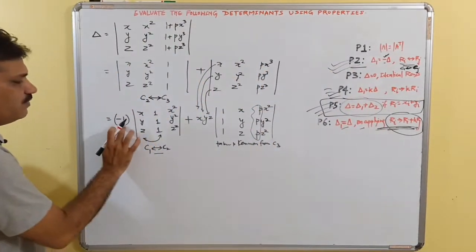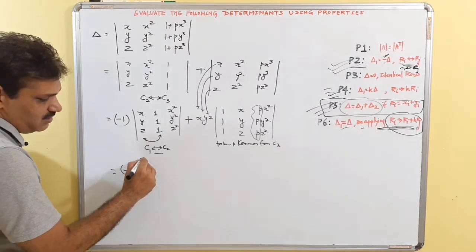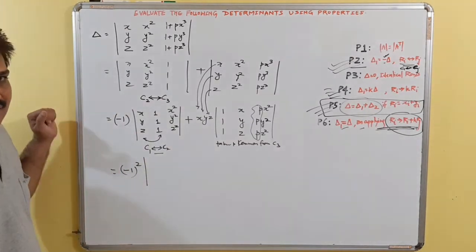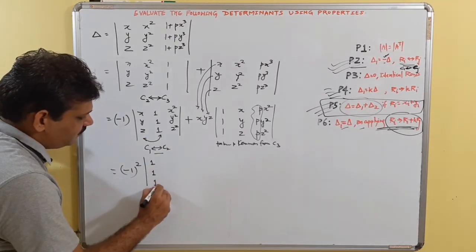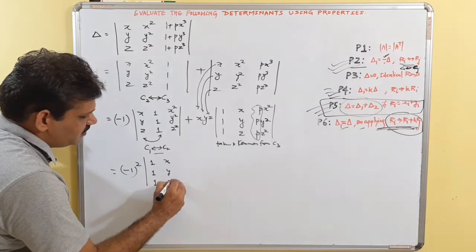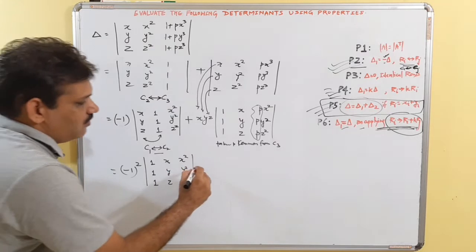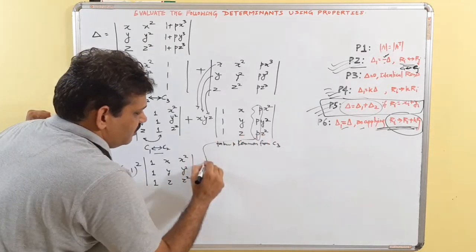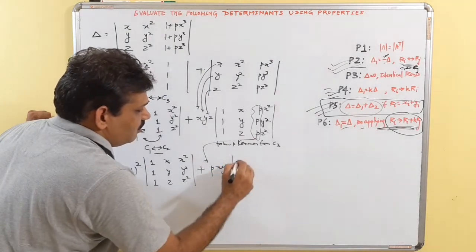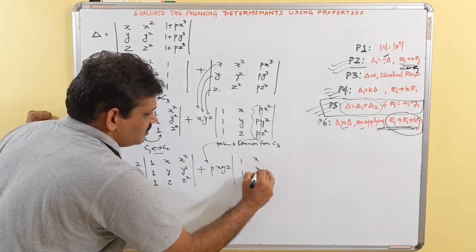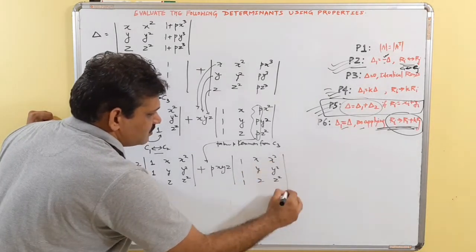So again we will get one more minus 1. So minus 1 into minus 1, the square of minus 1, will give us plus 1. After interchanging, we get 1, 1, 1, x, y, z, x square, y square, z square, plus. When we take p common, what we get is x, y, z is already there. P, x, y, z, 1, 1, 1, x, y, z, x square, y square, z square.